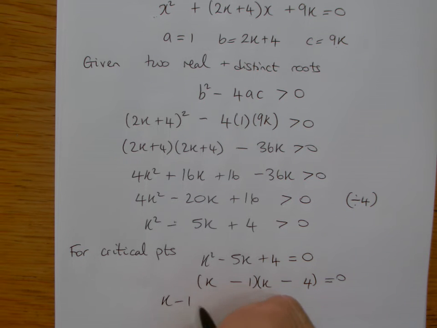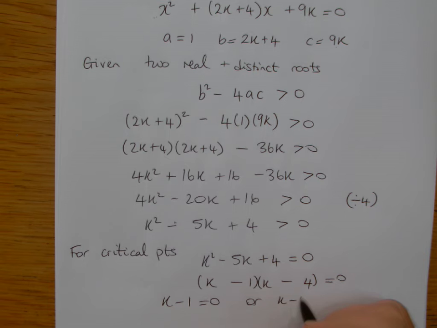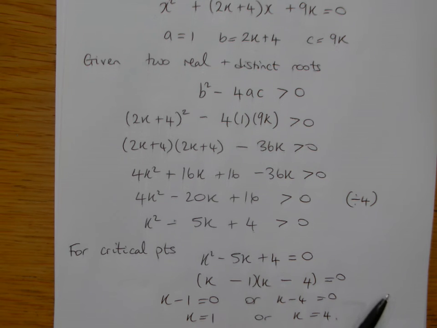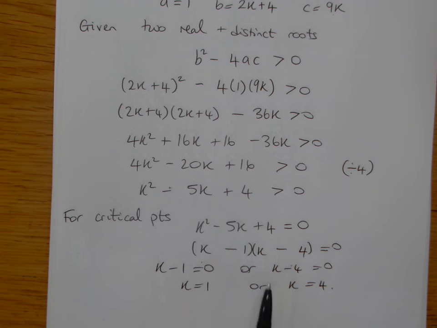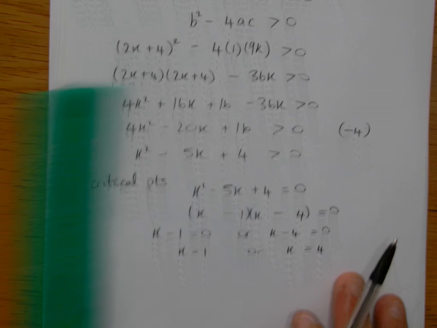So we've got k minus 1 is equal to 0, or k minus 4 is equal to 0. So k will equal 1, or k will equal 4. So that's the pair of brackets you've got there. Either of them is equal to 0, so that means we've got our results then for k. So those are the critical points, but we're interested when the inequality is positive.